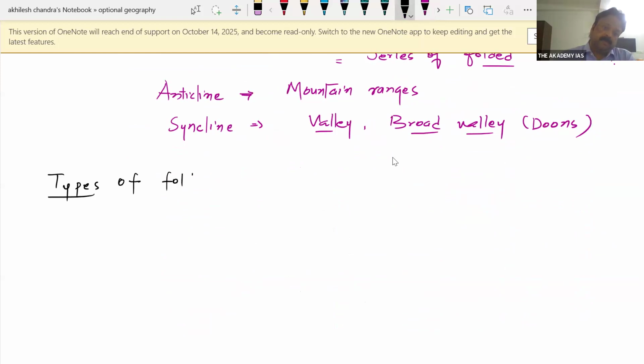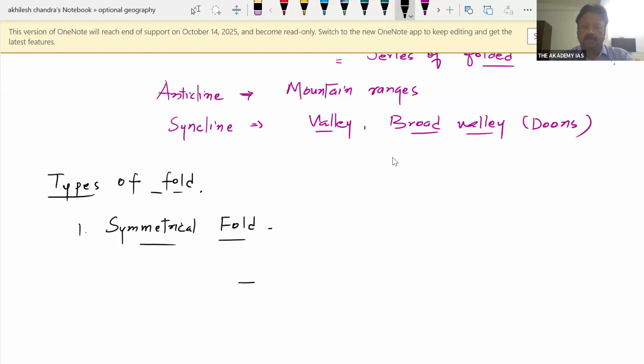Number one, there is symmetrical fold. Although in nature it is not possible to have a symmetrical fold, it is a simple fold.